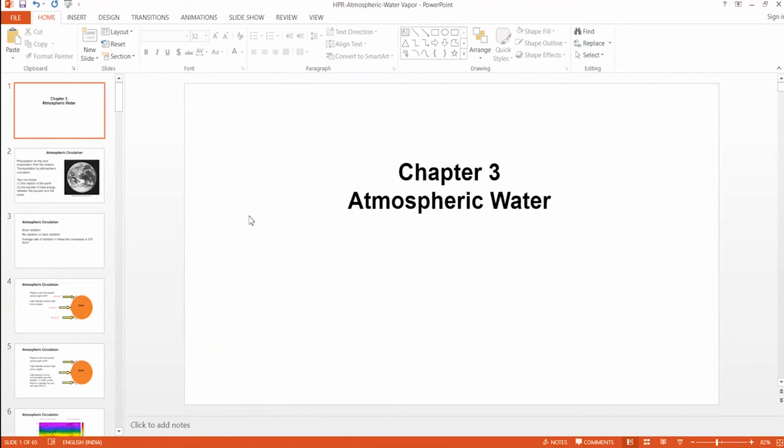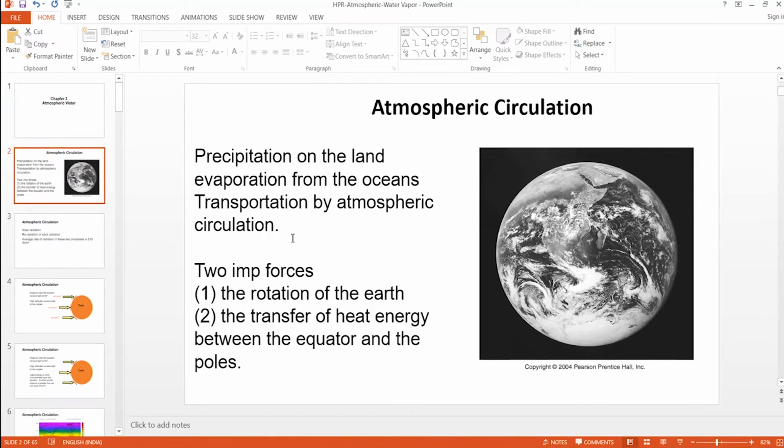So now I'm going to explain atmospheric water. We know that evaporation takes place from oceans and land surfaces, and this evaporated water vapor is transported near the earth to the high altitude atmosphere, and clouds move from one location to another.